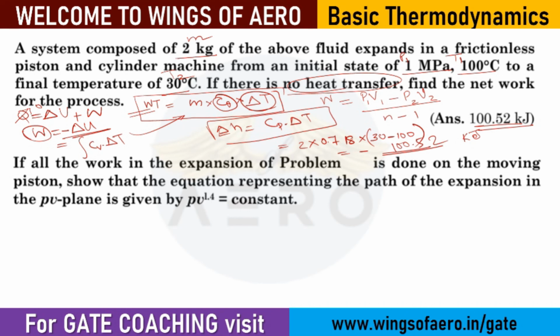Now see, we need to prove that the n value is 1.4. So how can we do it? Now you have to use this formula. Here we have 100.52 kilojoule. This side you are using kilojoule into P1 V1 minus P2 V2 by n minus 1.